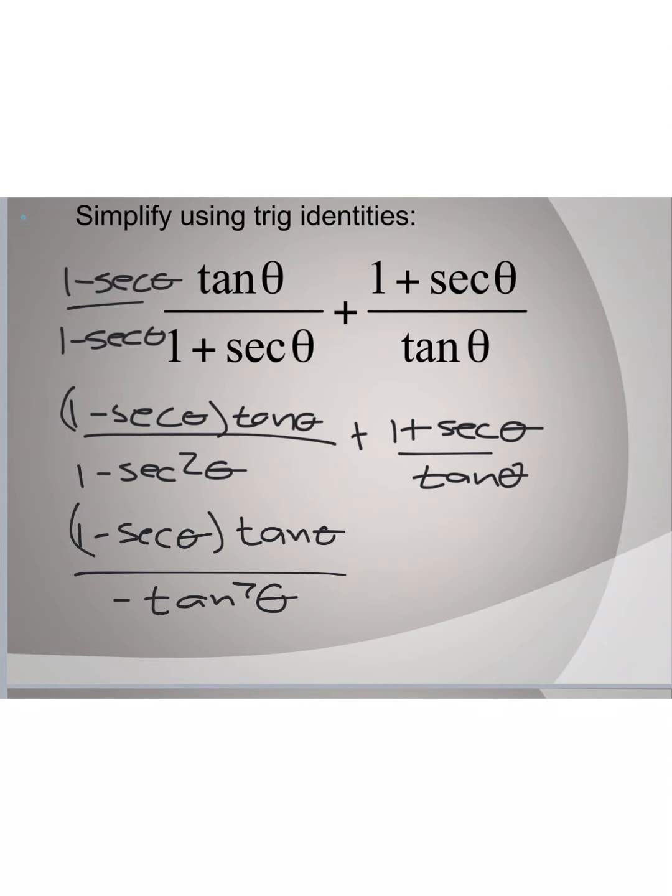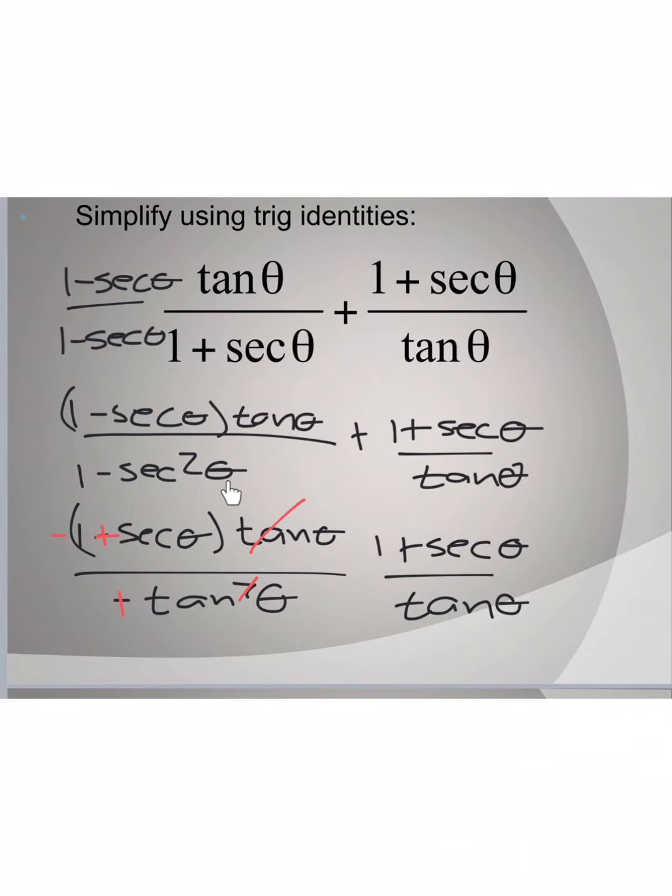I'm going to cross cancel the tangent and the tangent squared. And then I'm also going to go ahead and multiply by a negative 1 over negative 1, which will make this a negative 1 positive secant, and this will become a positive tangent. So essentially I'm moving the negative to the numerator. And then I still have my 1 plus secant over tangent.